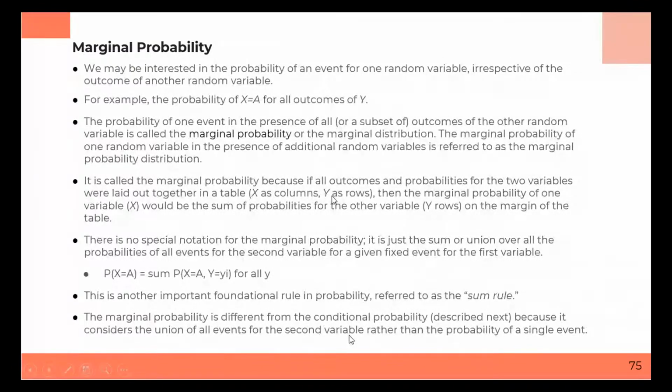Okay, it is different from the conditional probability, described next. It is considered the union of all events for the second variable, rather than the probability of a single event, which are multiple. That's why it is marginal probability. Basically, you can find the marginal probability when you know all the other probabilities other than the one that you are trying to find.